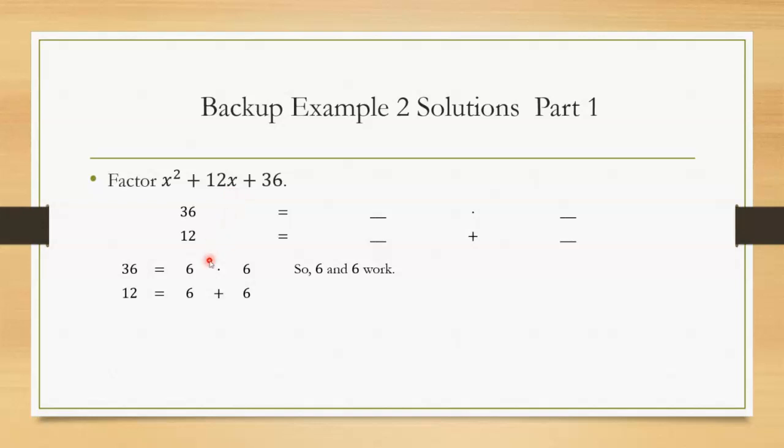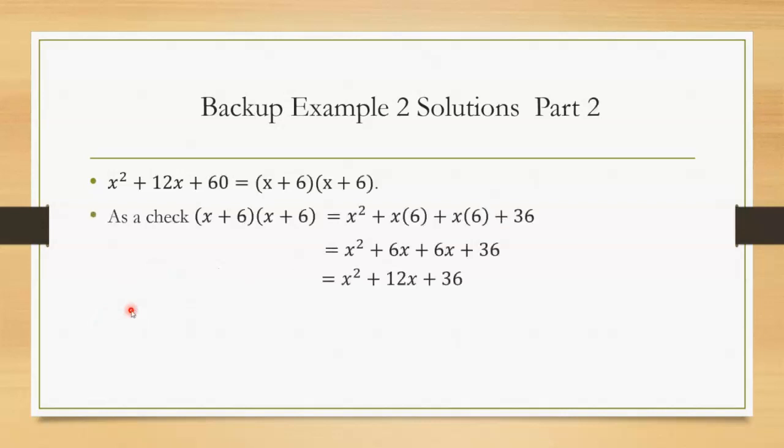What two numbers are going to do that? Well, the answer's here already, but hopefully you can see that it's going to be 6 times 6. I mean, 36 we know is 6 squared, and 6 plus 6 is 12. So that's going to work.